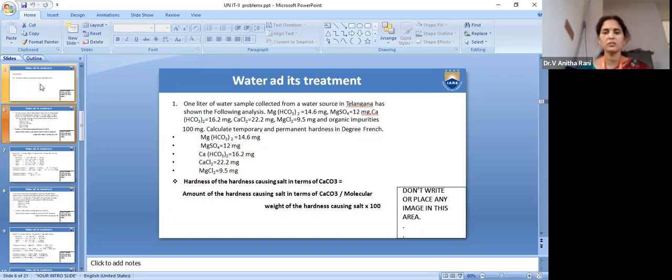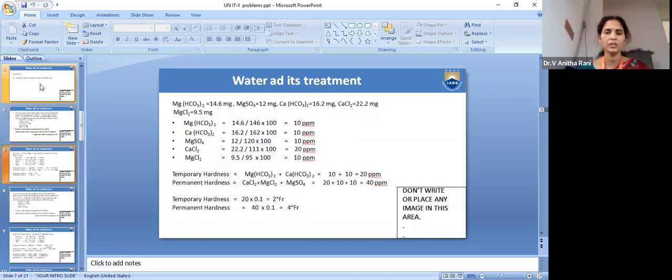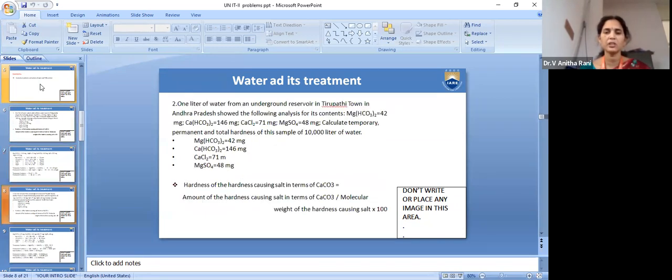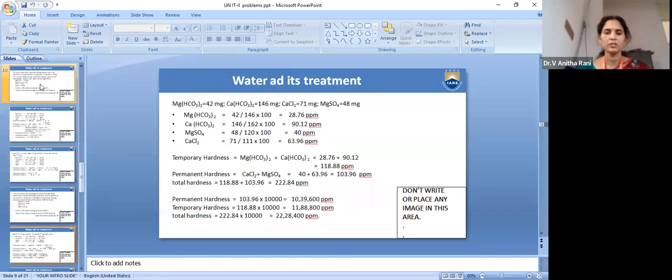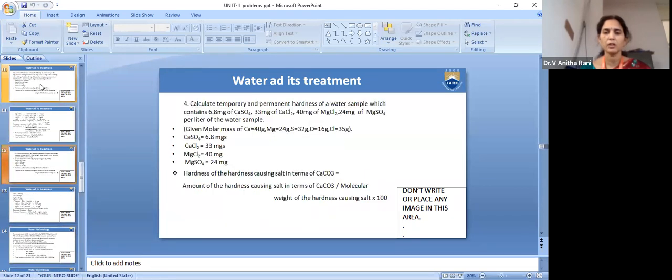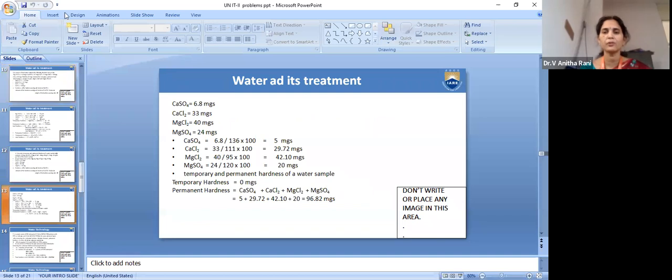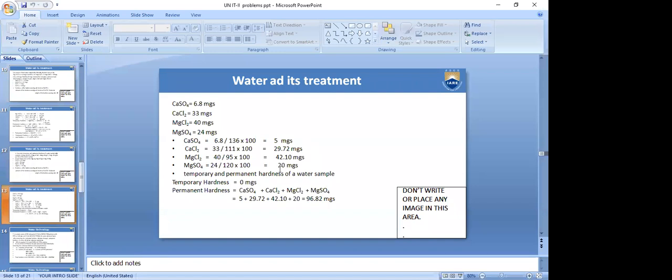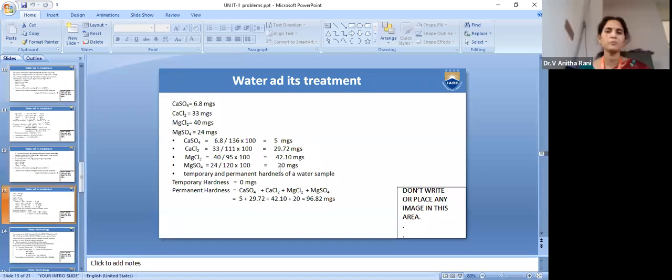Out of 10, I have given you 4 problems on hardness, so that we completed. You can check in the PPT. I will send you today. Those who have not completed in the notes, all 4 problems, you can copy again. Students understood? Everybody, you have to take these 4 problems in your notes.